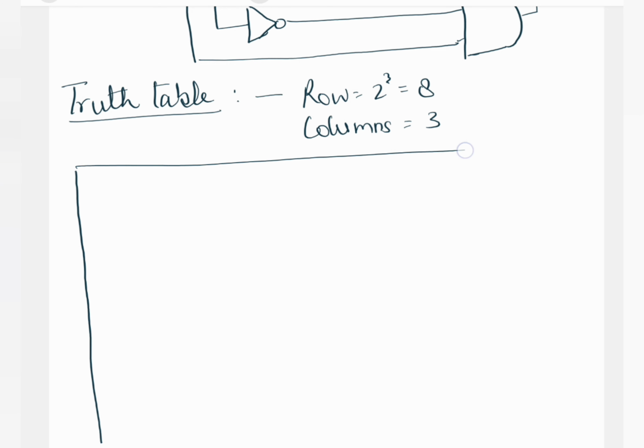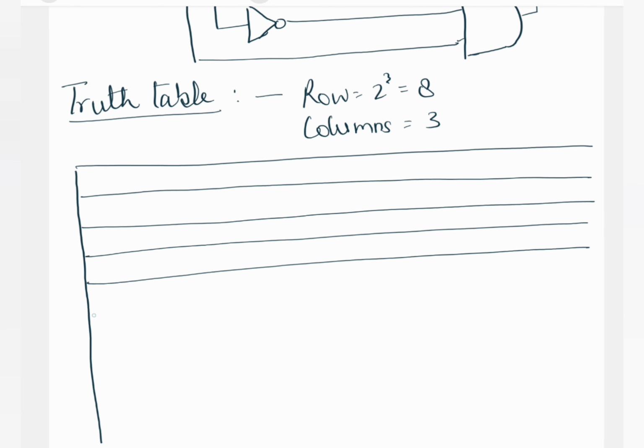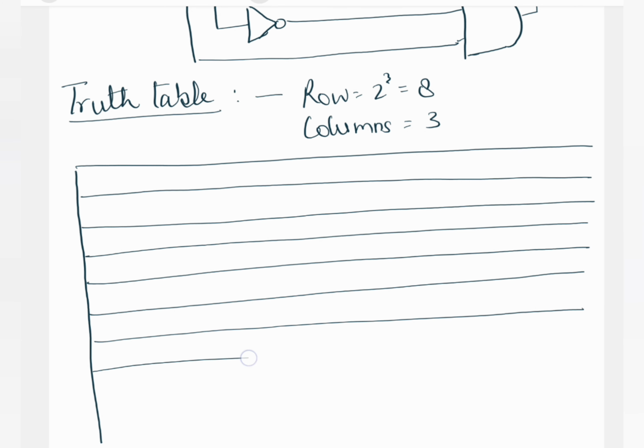I'm going to use the topmost for the expression or the variables, and then after that 8 rows we need. 1, 2, 3, 4, 5, 6, 7 and 8.